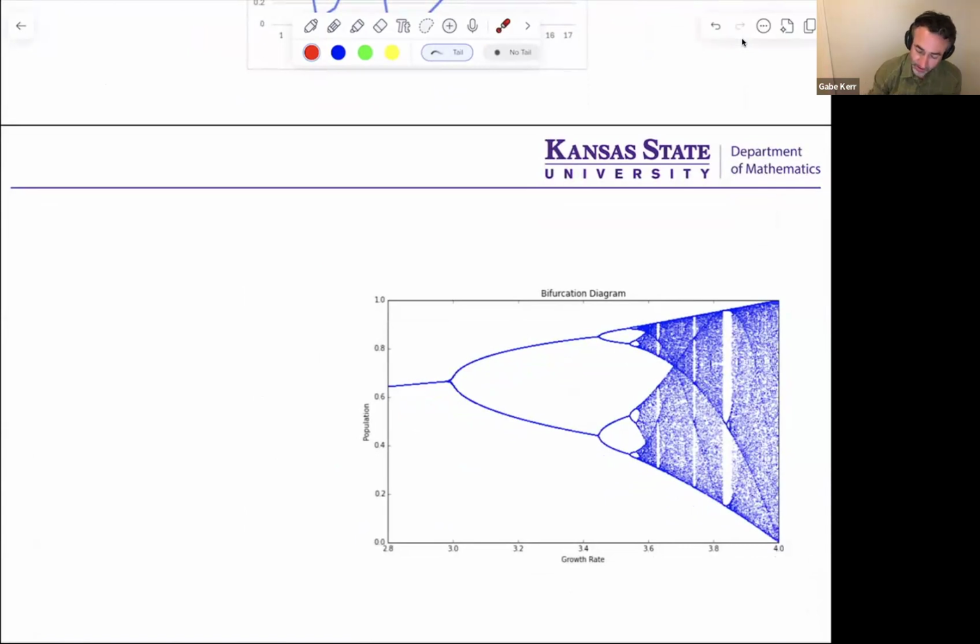And this picture here is a logistic growth diagram of where the stable equilibria are. It's a very famous picture. The x-axis is your growth rate, the value r.